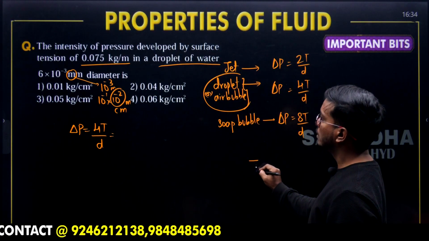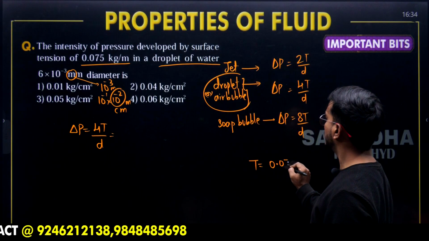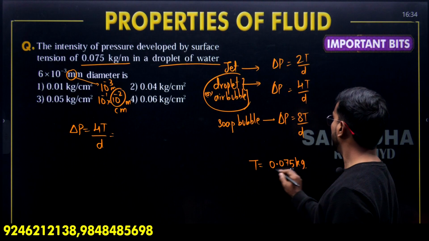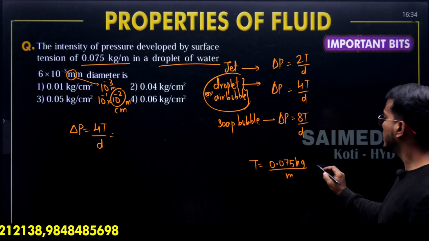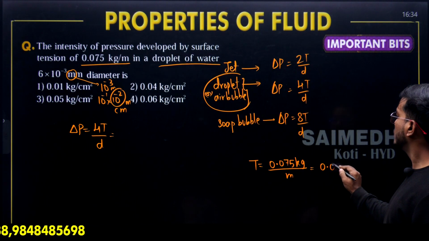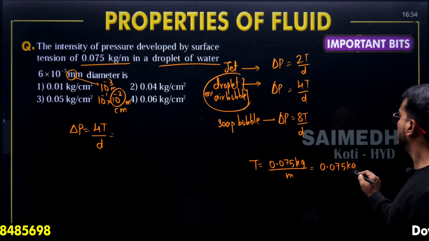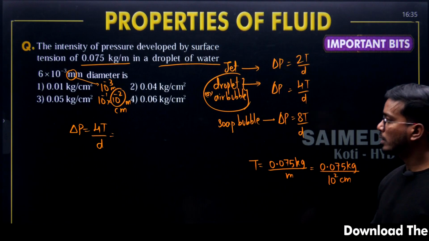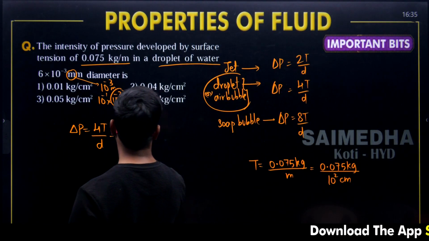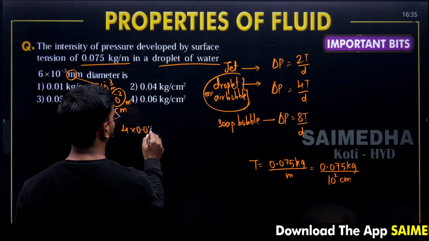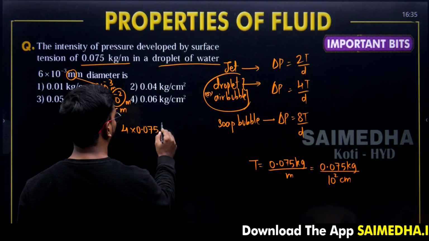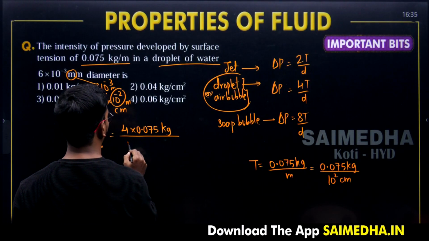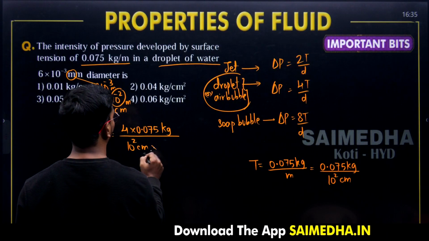Let me write here: surface tension is equal to 0.075 kg per meter. 1 meter is equal to 10 square centimeter. So 0.075 kg divided by 10 square centimeter. Now it's correct. Here we will write 4 into 0.075 kg divided by 10 square centimeter into diameter.